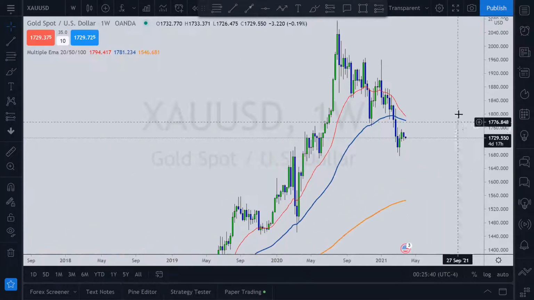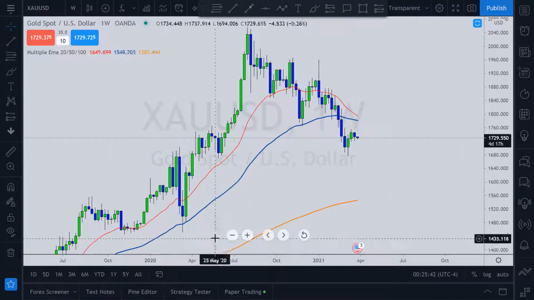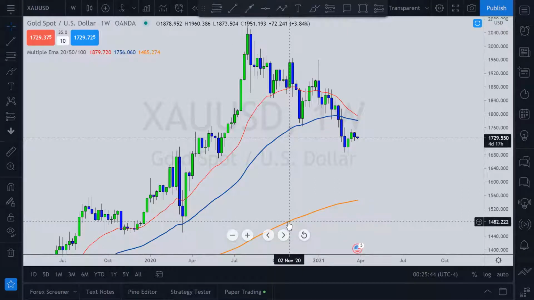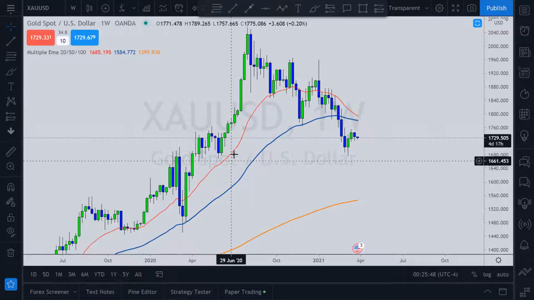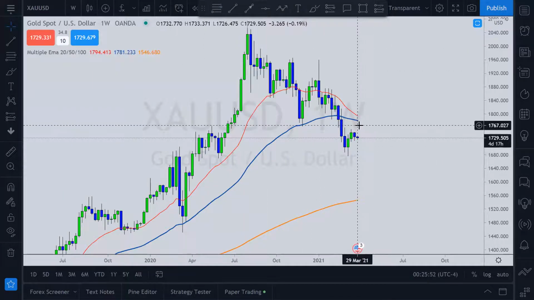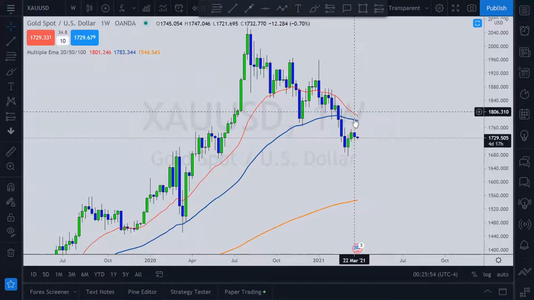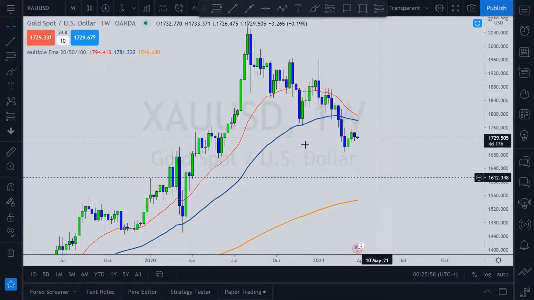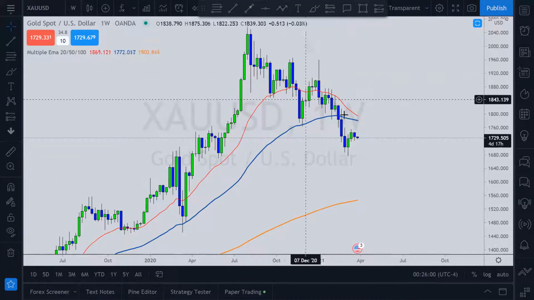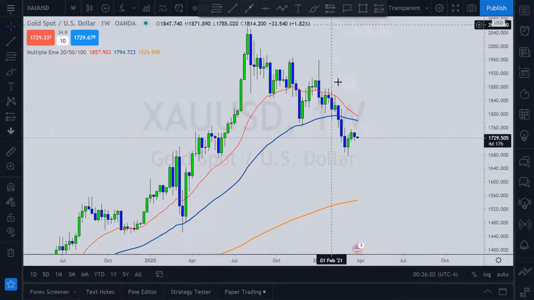Now you see how the 200, the 50, and the 20 were all fanned out as it made its rise up, but now it looks like we're getting ready to cross here. This is telling me that sellers are entering the market. Now aside from EMAs, what am I looking for?